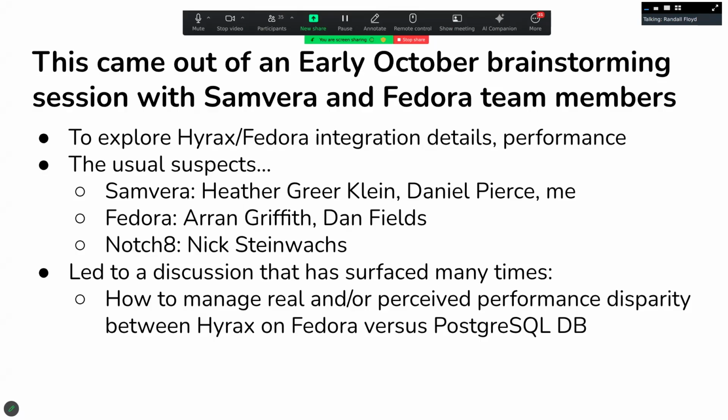It led to a discussion about dealing with and managing this real and/or perceived performance disparity in Hyrax on Fedora, whether you're talking about disparity in performance between our supported configurations of Hyrax on a database versus Fedora, or even the performance disparity between what we experience and what other non-Hyrax, non-Samvera users experience with Fedora.